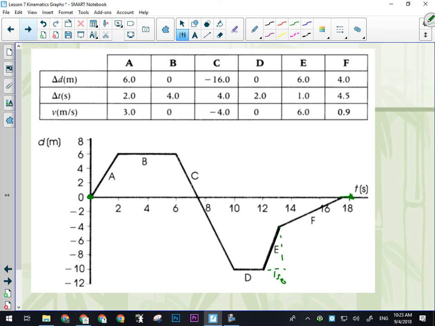Final position, 0. Okay, we started and ended at the same place. So then what's the average velocity over the whole trip? 0. Remember, velocity is displacement over time. The total displacement was 0. The velocity's got to be 0 as well. Okay, that was the stuff we worked on last week, V equals D over T stuff.